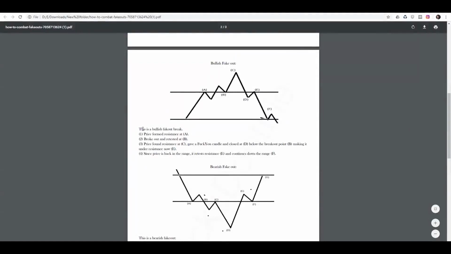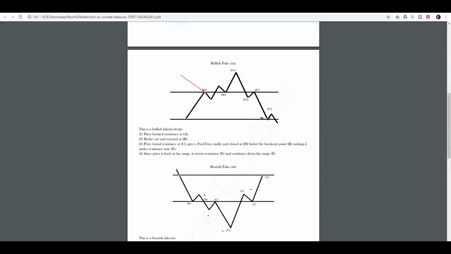So same thing here. This is a bullish fake breakout. Price formed resistance at A and then broke out and retested.